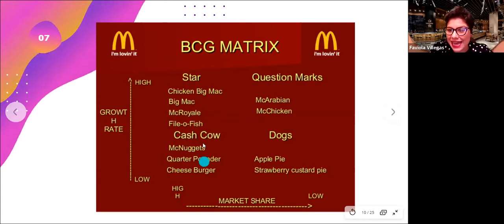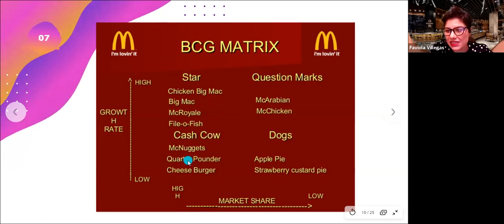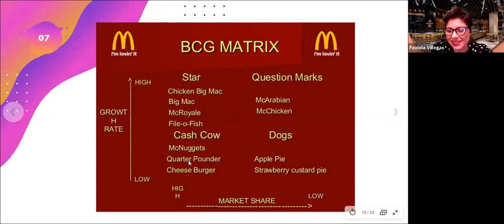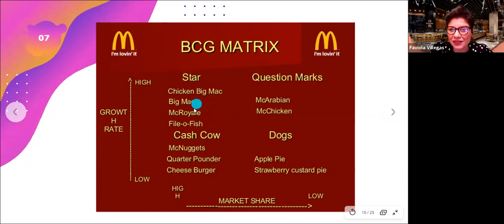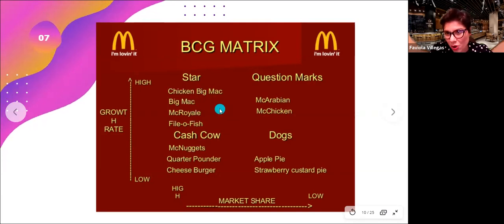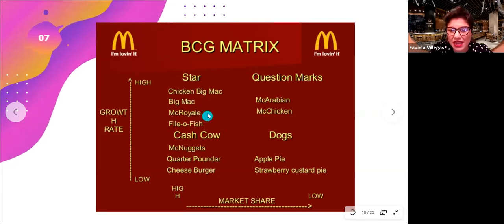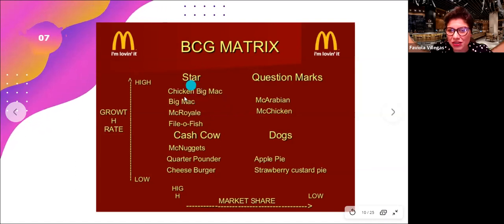So the cash cows are the classical products. And the stars are those products that are still growing, but the market share is high as well.